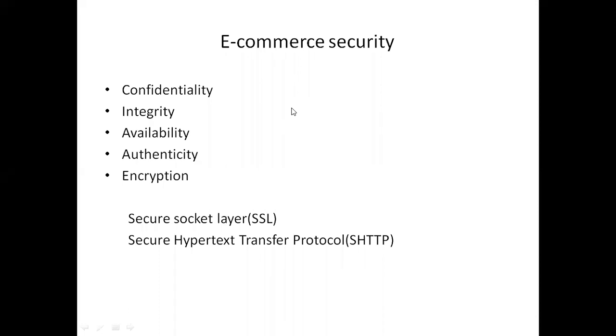The next is very important, that is encryption. The method by which we encrypt the data passing from host A to host B is very important. We have different algorithms, like RSA, DES, AES.